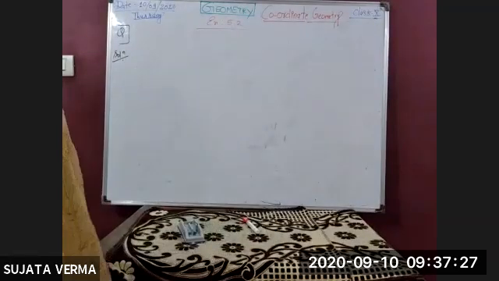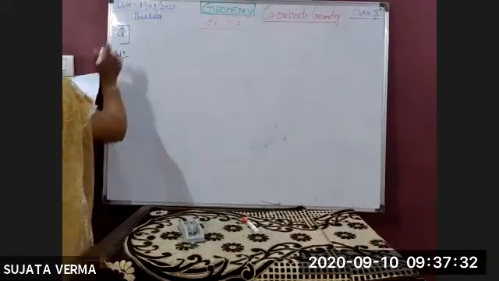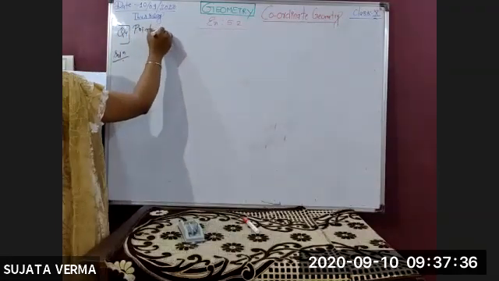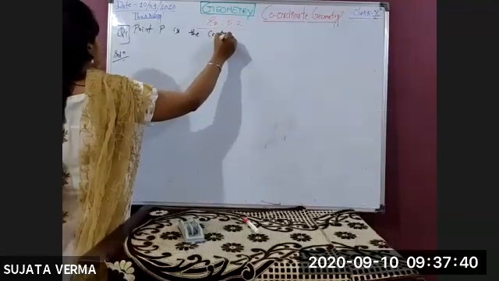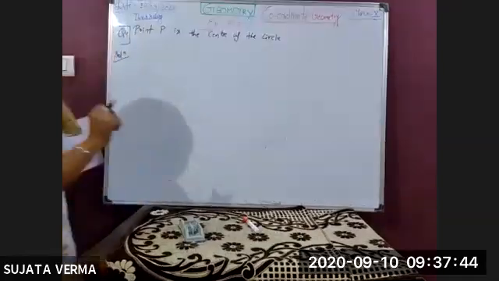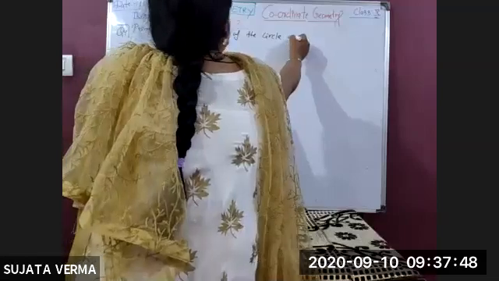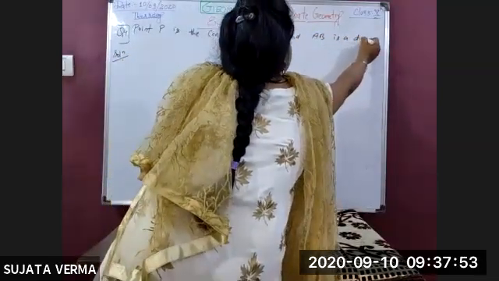Question number 4. First we write the question. Question number 4. Point P is the center of the circle and AB is a diameter.